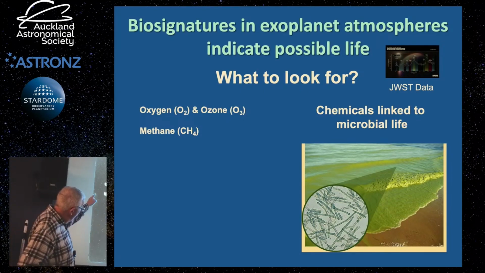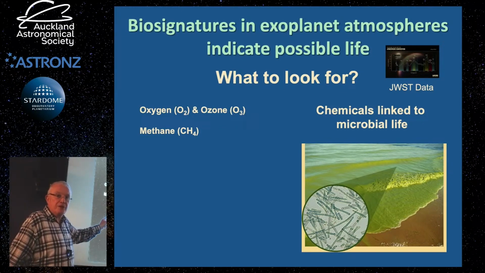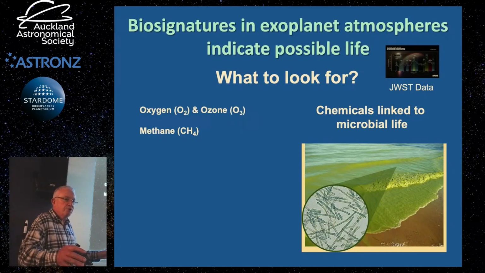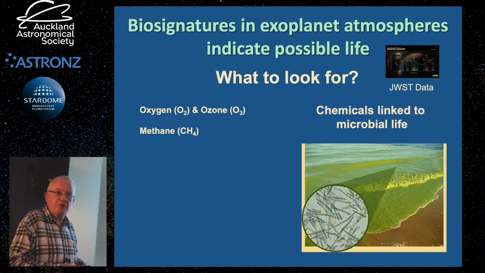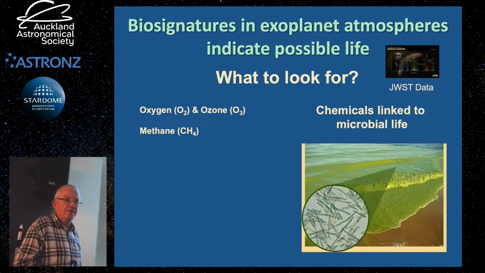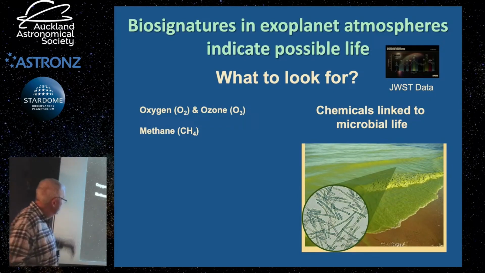If you see both oxygen and methane together, that's a much stronger indication of life going on, because you've got two chemicals that can be produced either way, but definitely biological. Both get broken down and degrade. Both react with one another. So if there's still plenty of oxygen and methane going around, you've got life pumping it out there. You've got some sort of very strong source pumping both gases out, because both combine together.